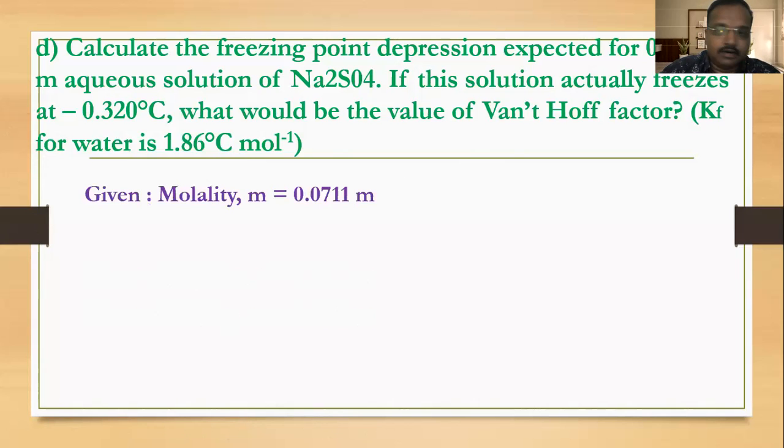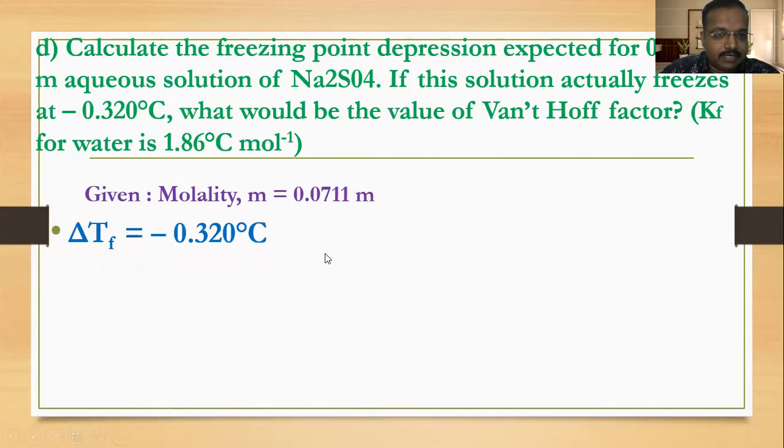Now here we have the given value m, molality, is given as 0.0711 m. That means the molality is given.